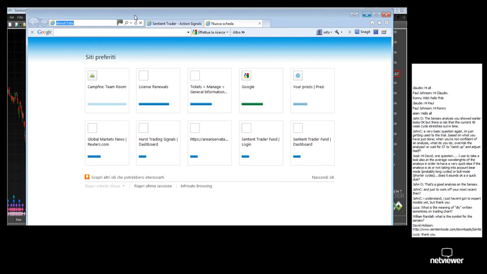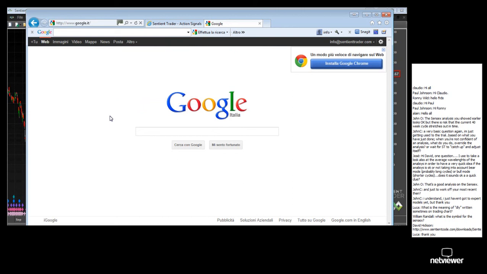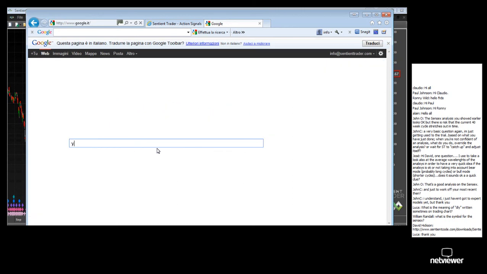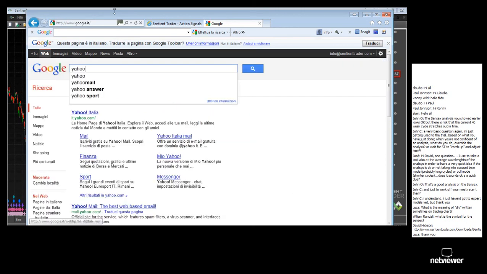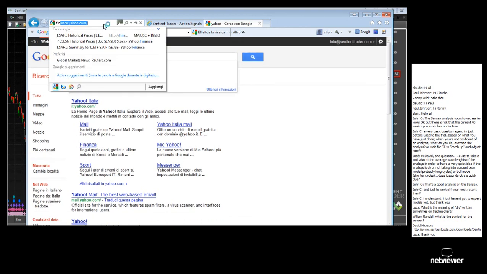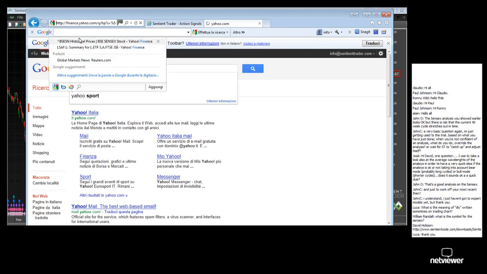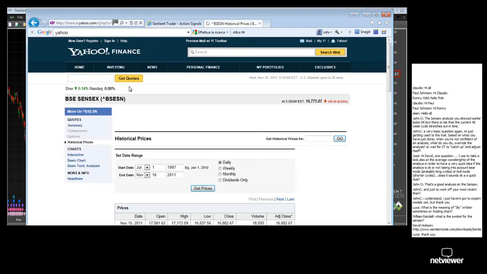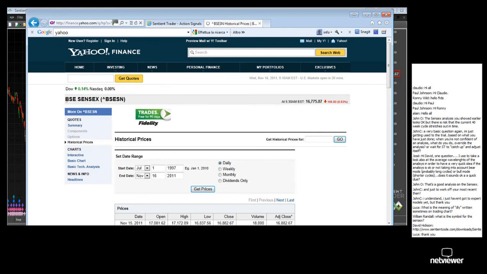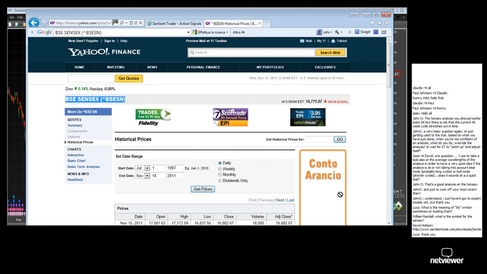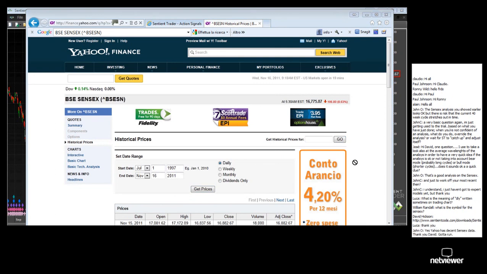What is the symbol for the Sensex, William? Okay, that's a really interesting question. Where did I get this data from? I didn't get this data from NinjaTrader because I couldn't find it. So I tell you what I did do, I went to Yahoo Finance, the source of so much knowledge.